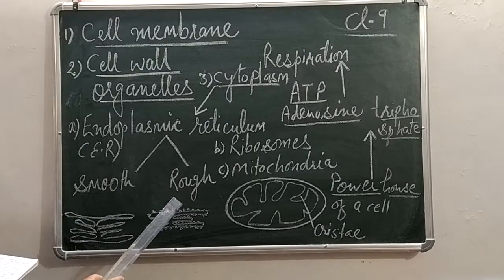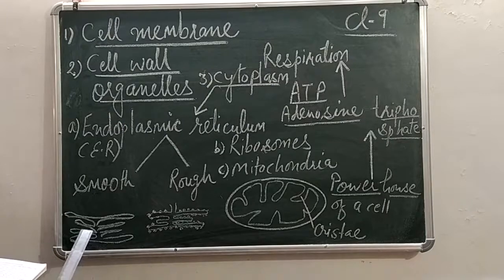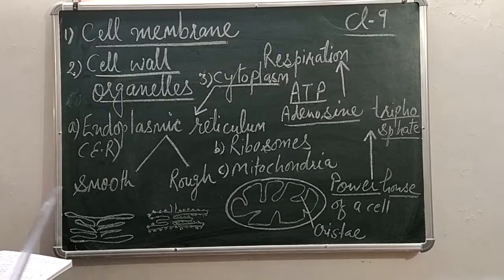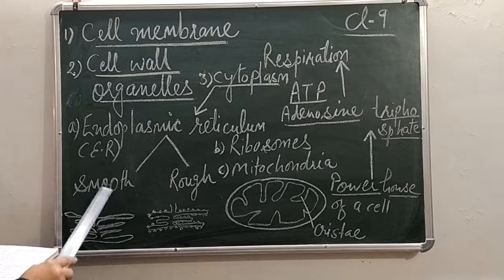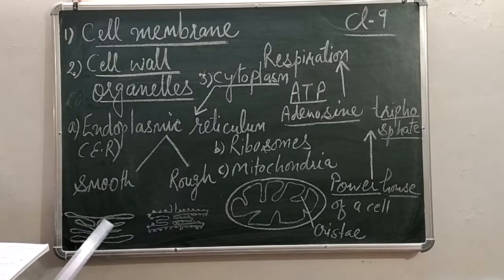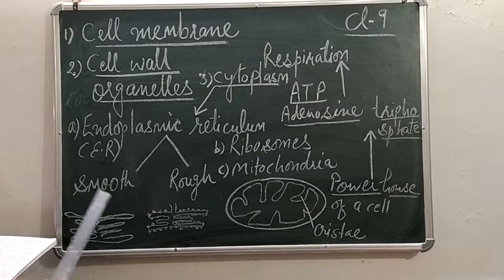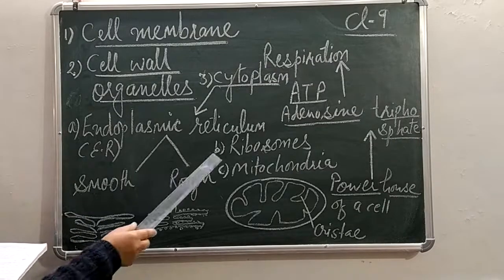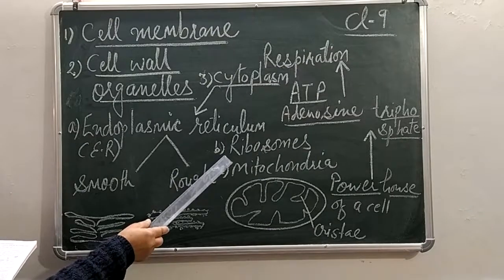So they are of two types based on the presence or absence of ribosomes. The endoplasmic reticulum is also known as the supporting framework of the cell, because it provides support to the cell and also helps in transfer or distribution of materials from one part to another part in the cell.